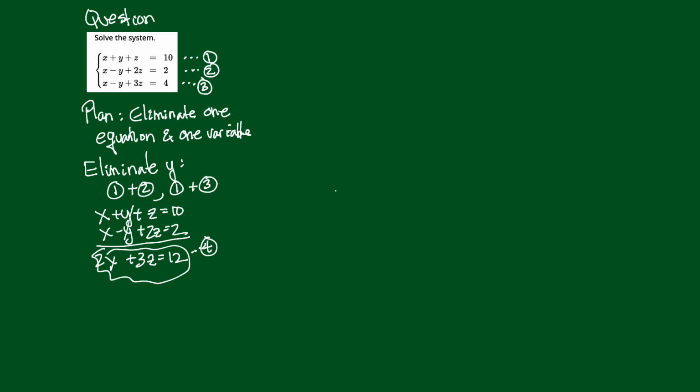Now I used 1 and 2, now let's use 1 and 3. Equation 1 plus equation 3 is going to look like this. x plus y plus z equals 10, and equation 3, x minus y plus 3z equals 4. When I add these together, I'll get a 2x, again the y's are gone, that's why we did it, plus 4z equals 14.